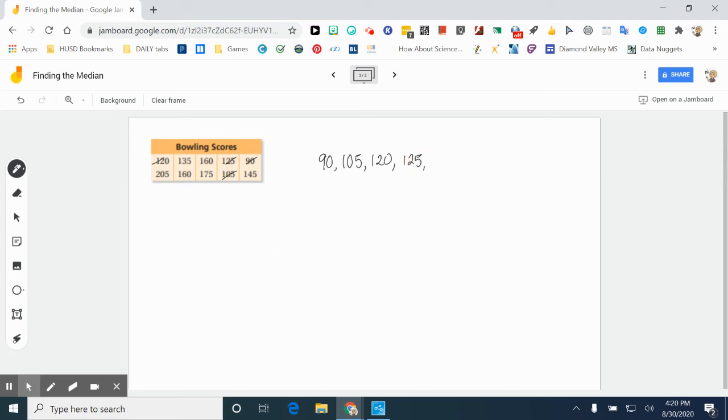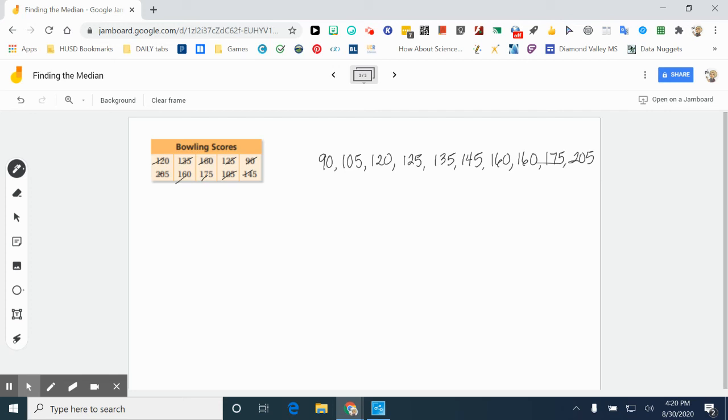Hopefully I'm not missing one in here because I'm going to be messing this up. Okay, then 135, then 145. 160 is twice. 175 and 205. Oops, I know my pen kind of messed up there, but okay, there we go.